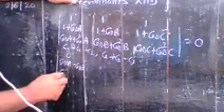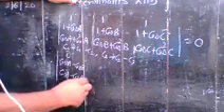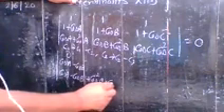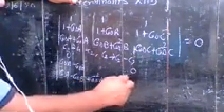So here you have 0, and here you have cos A minus cos B, plus cos square A minus cos square B. You write it in this way, and here you have 0.